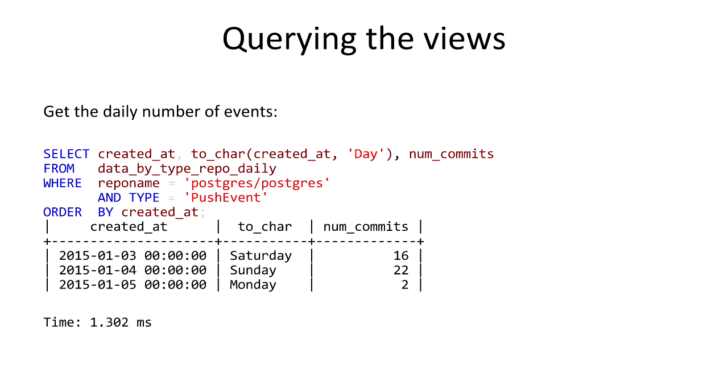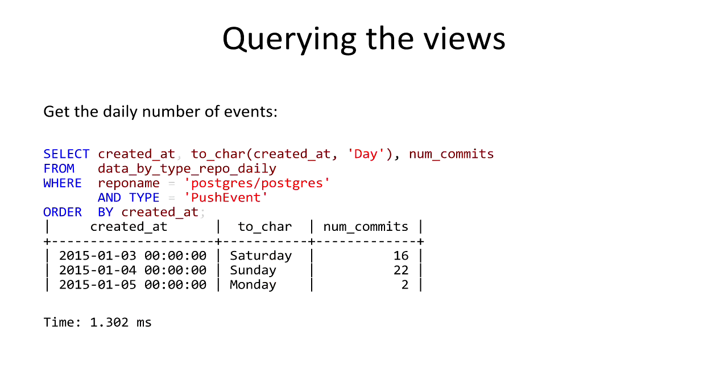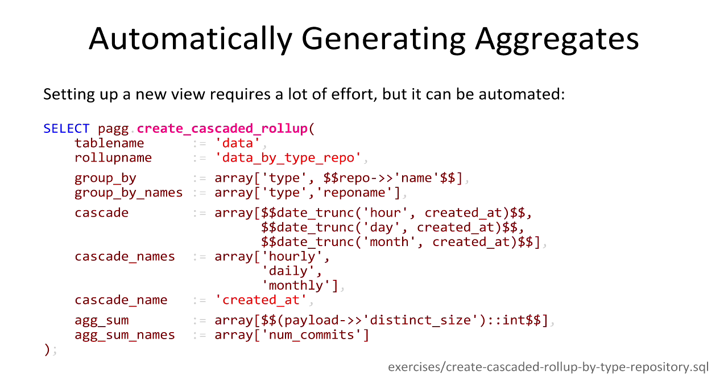For example, if we want to look at all the commits made in the Postgres repository, we say where repo name equals Postgres, and the type is a push event, and we look at the num commits field, which we defined here. The sum field is named num commits, and then this runs. But unfortunately, this has to fill the entire queue, and it has to create these 600 megabytes of rolled up data. So this is going to take a while.